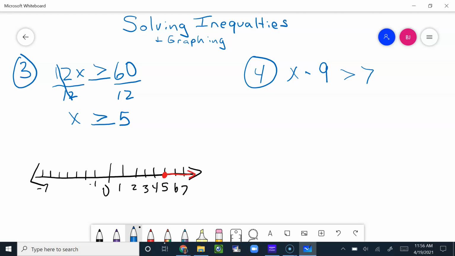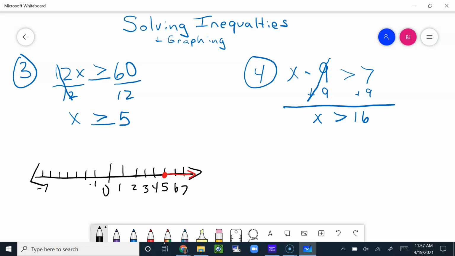We're going to have to do the opposite operation, and the opposite of subtraction is, if you said addition, you are correct. Adding 9, these two would cancel each other out. That leaves us with x is greater than 7 plus 9, which is 16.